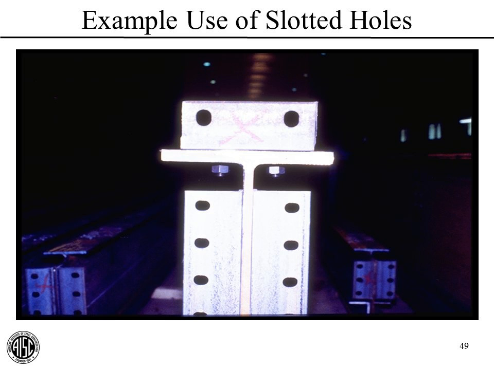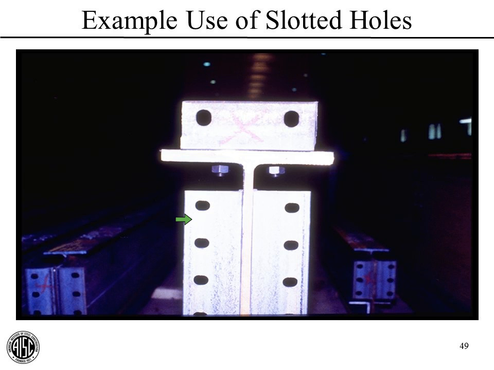Okay, so let's take a look at a good example of the use of some short slotted holes, or just some slotted holes. You see in these web angles, we have horizontal slots. And those are here so that, say we have a whole bunch of beams that have about the same web thickness, very, very close to the same web thickness. They can vary because the beam size is a little different, or just due to the tolerance in the thickness of the web.